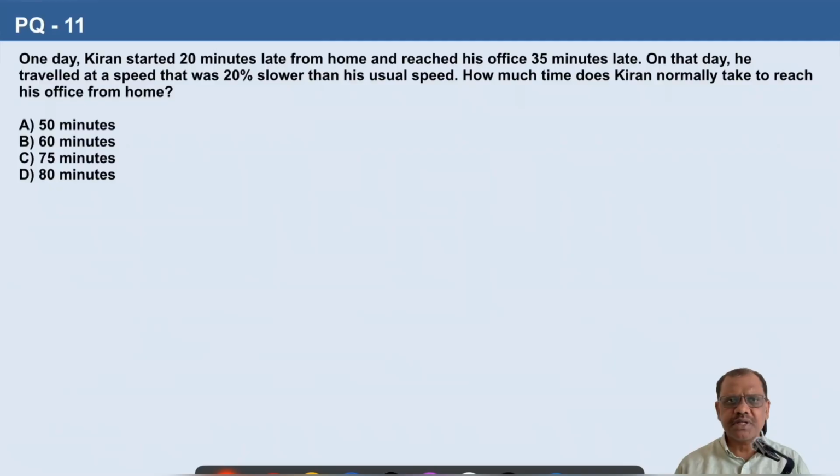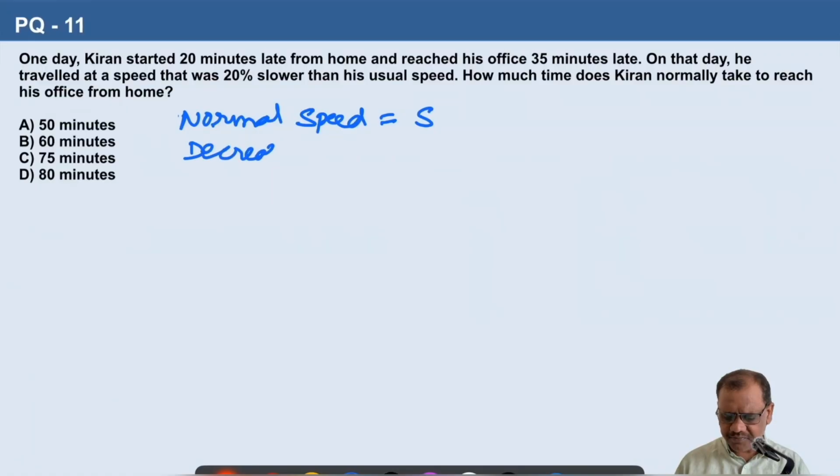So let us assume the normal speed as S. On that particular day, the speed is reduced by 20%.